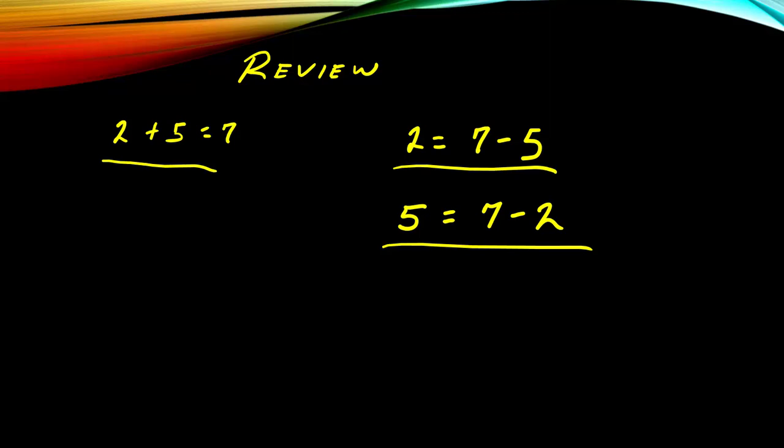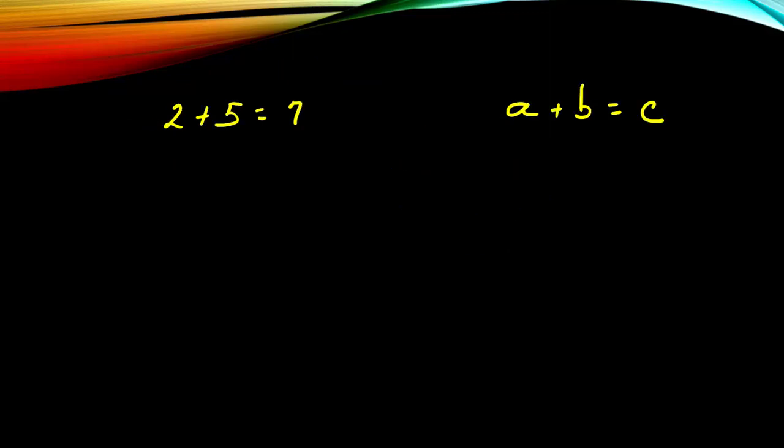Now let's move on to a situation where we have numbers in one case and just letters in another, and we'll do exactly the same thing. We'll start with the numbers. We have 2 plus 5 equals 7, and we have A plus B equals C. And we'll write 2 equals 7 subtract 5.